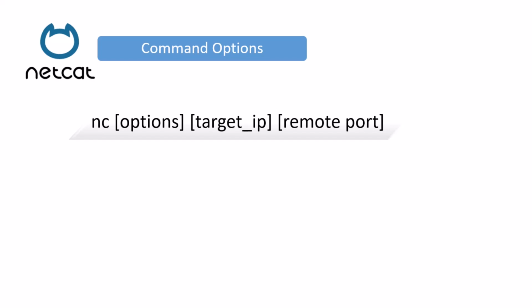We're going to go for the demo very soon so that you get to understand what I mean by netcat or nc. So just put in nc, a space, and then the options you want to provide, the target IP address and the port number of that particular target IP.